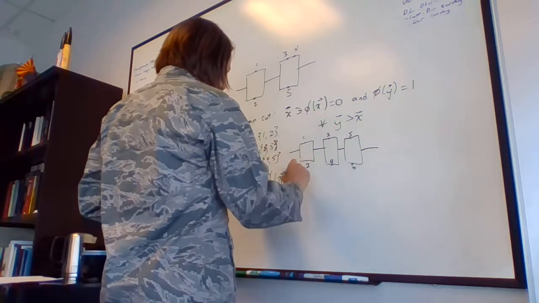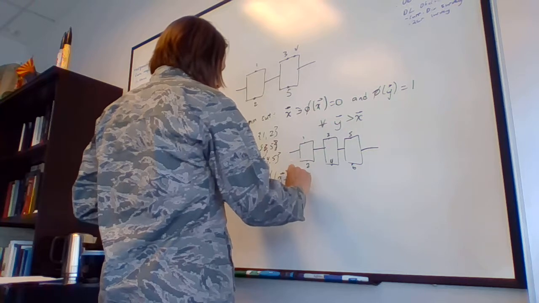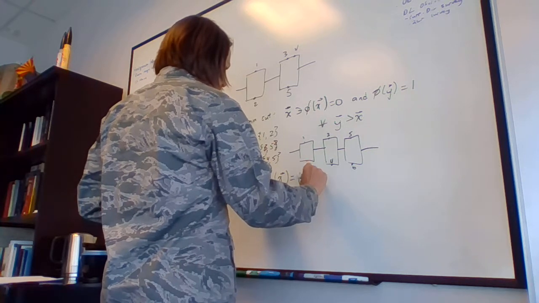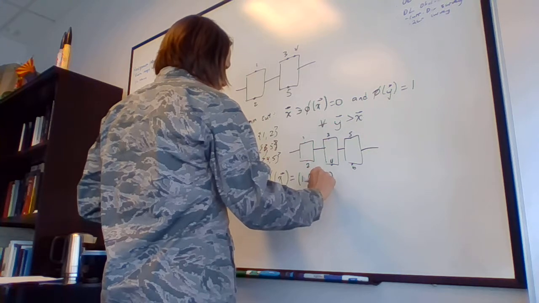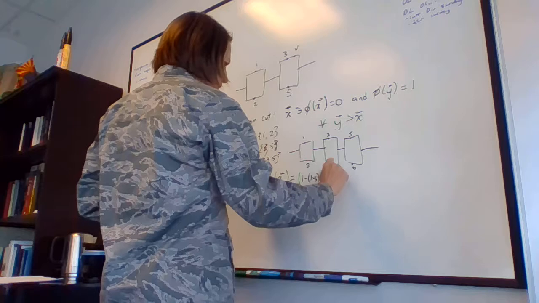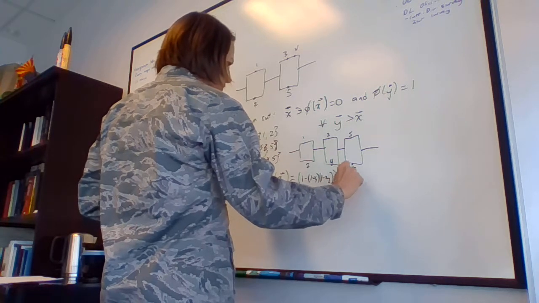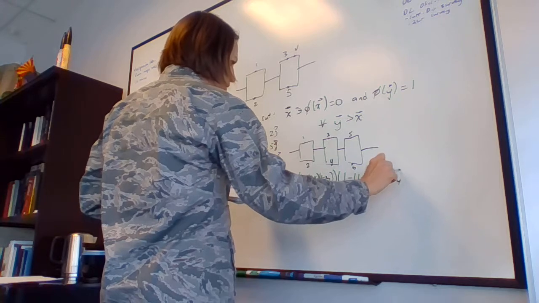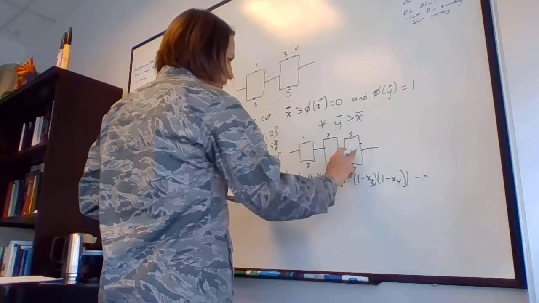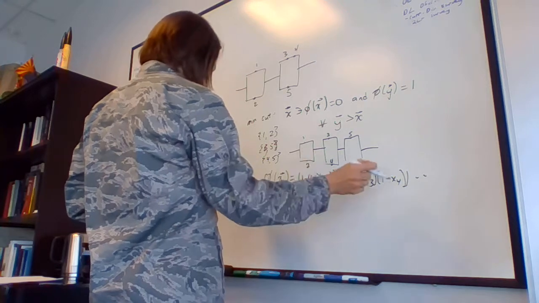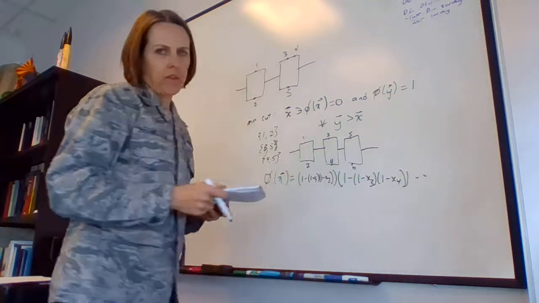So we're going to say, all right, they're in series, so this guy is just going to be 1 minus x1, 1 minus x2. That times, same thing for this guy, 1 minus x3, 1 minus x4. And you do the same thing for this last set, and then plug in your reliabilities, your p's here, and that will give you a lower bound on the system reliability.